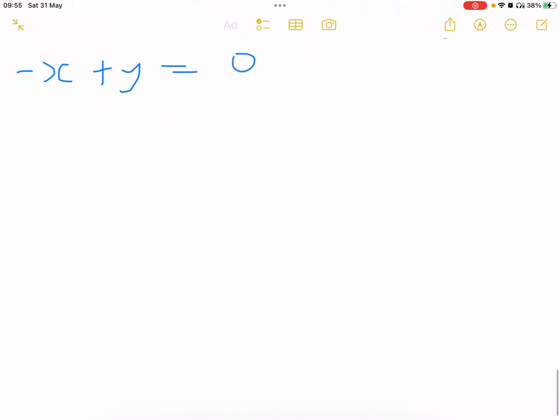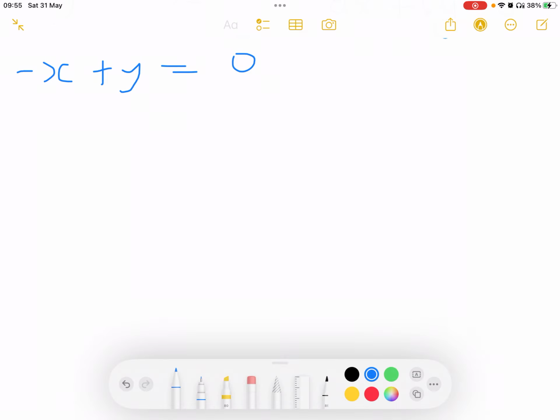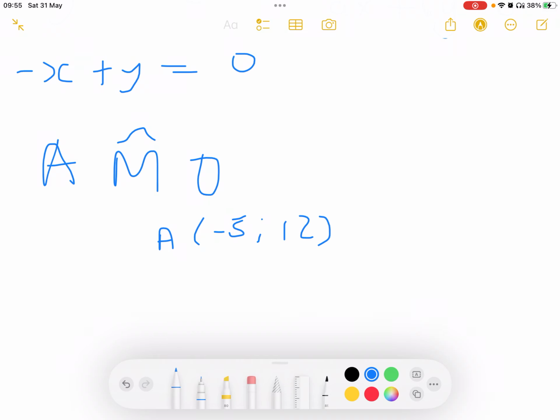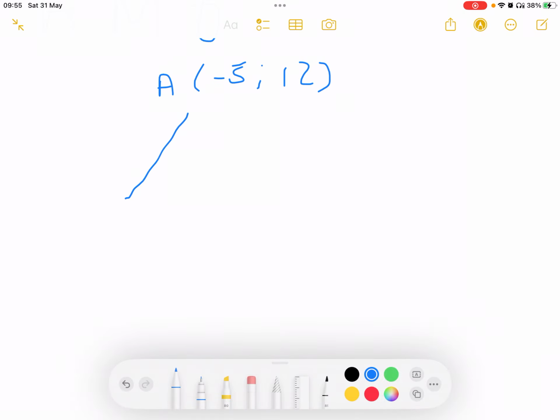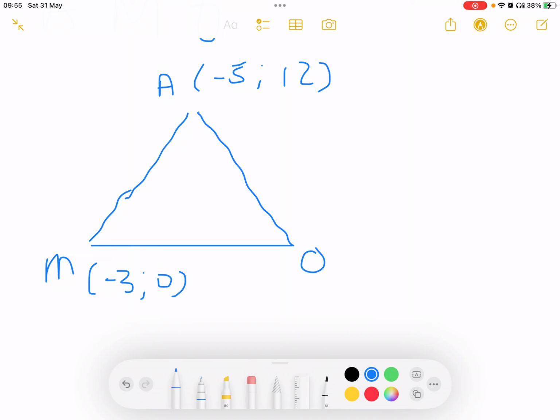Let's look at AMO. We have the point A here being -5, 12, and we have the point M being -3, 0. And then we have point O being 0, 0.